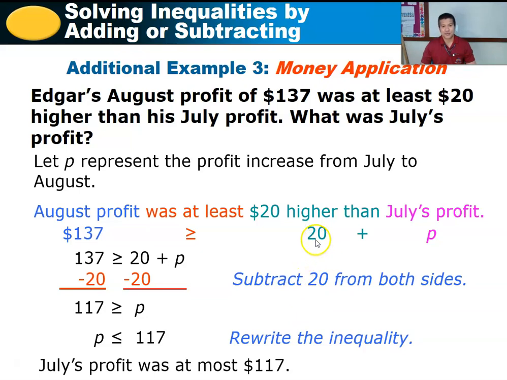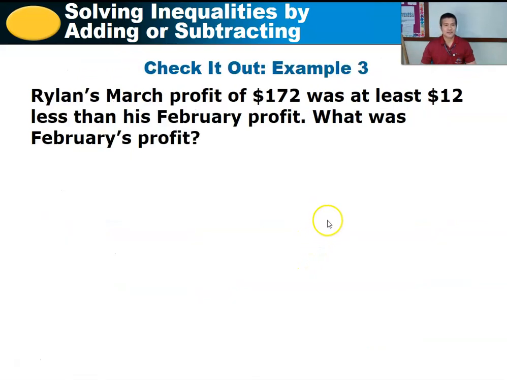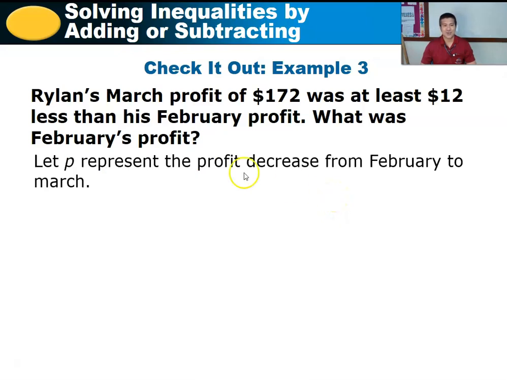Next question. Rylan's March profit of 172 was at least 12 less than his February profit. What was February's profit? Let P represent the profit decrease from February to March.